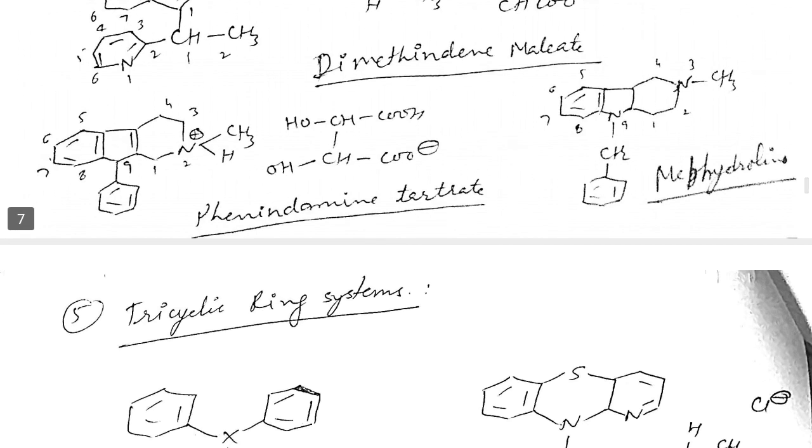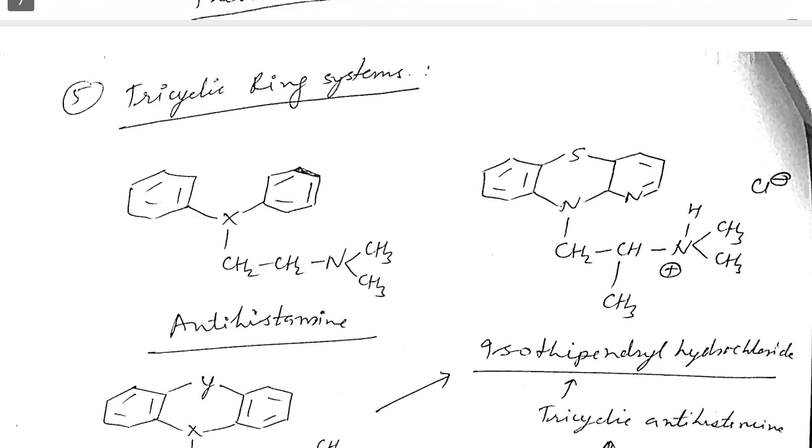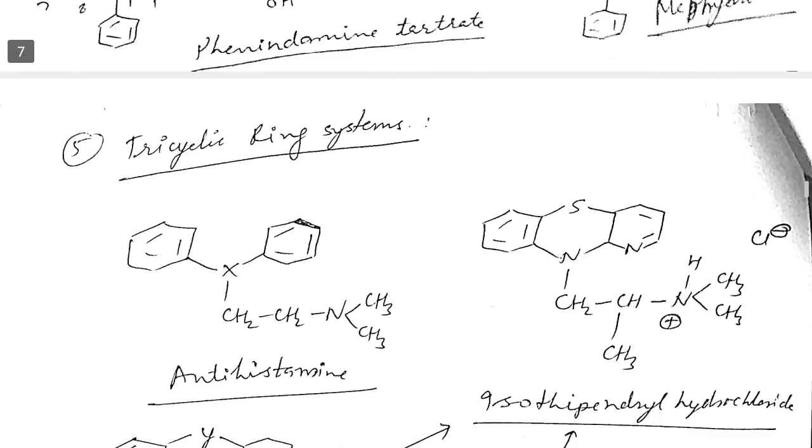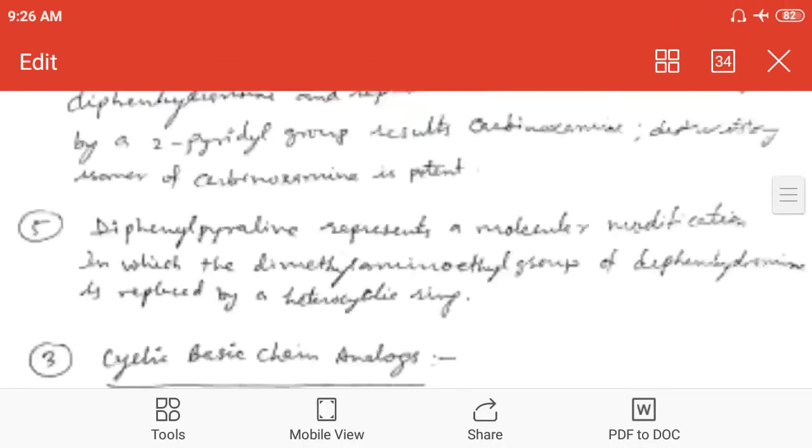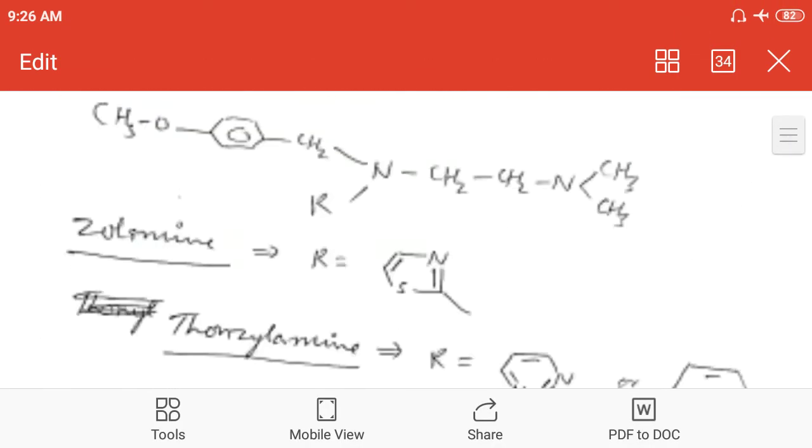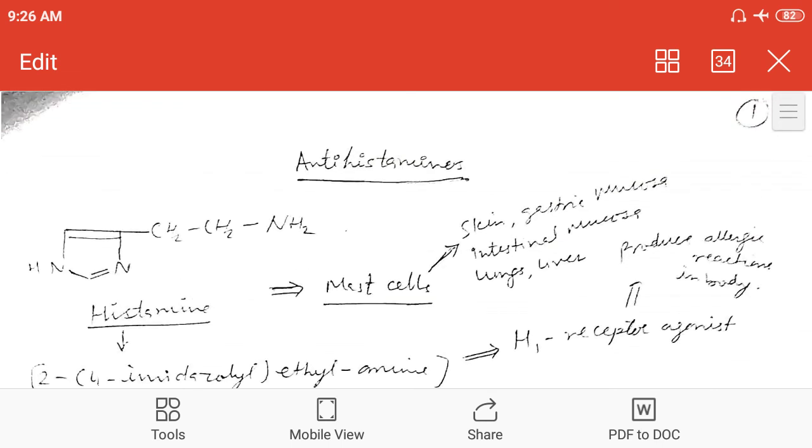Okay, so that is all for today. In the next video we will discuss tricyclic ring systems. So today we have discussed two classes of antihistaminic drugs, as we continue our discussion about the antihistaminics.